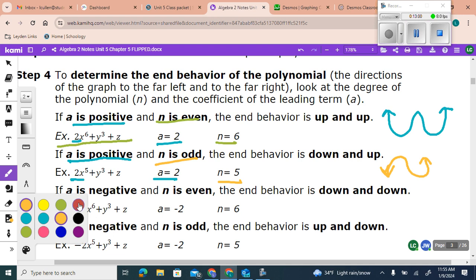Okay. If A is negative, that first number is negative. A is negative 2 here. And n is even, 6, our degree is even, you're going to have an end behavior that starts down and ends down.